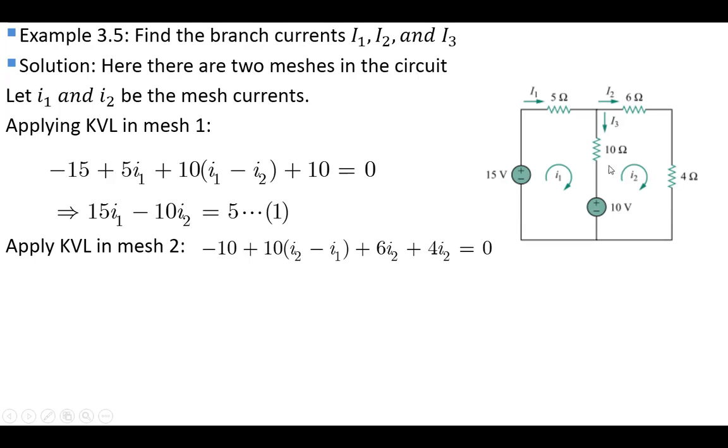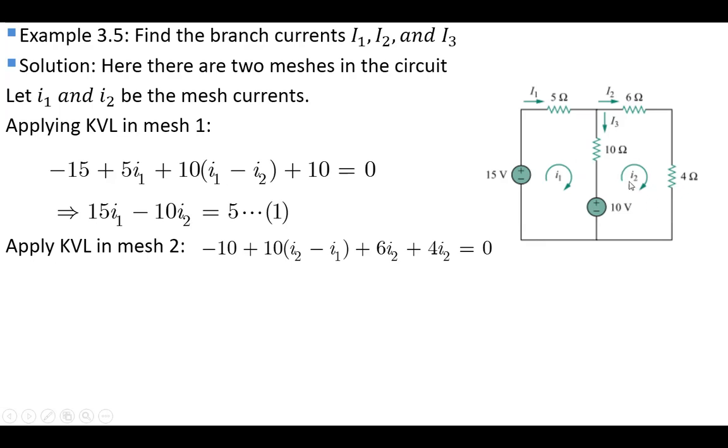Next there is the 10 ohm resistance, which is common between mesh number 2 and mesh number 1. Because we are writing the equation for mesh number 2, the direction of current I2 is upward, and the direction of current I1 is downward, opposite to I2.